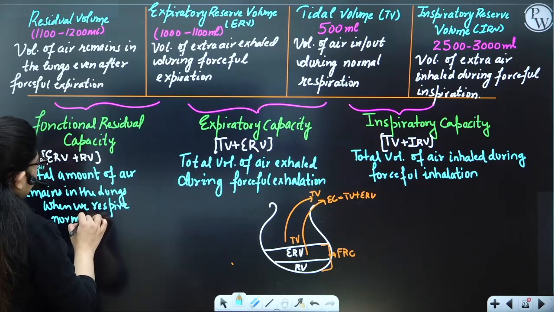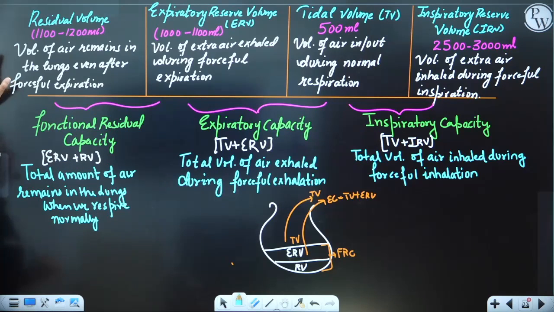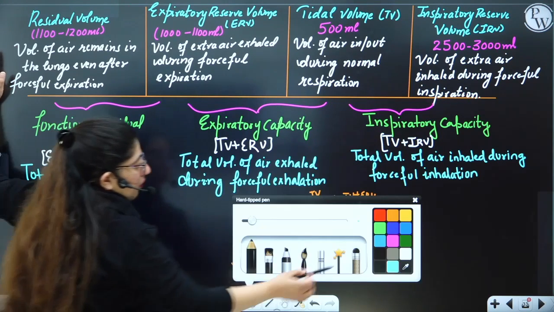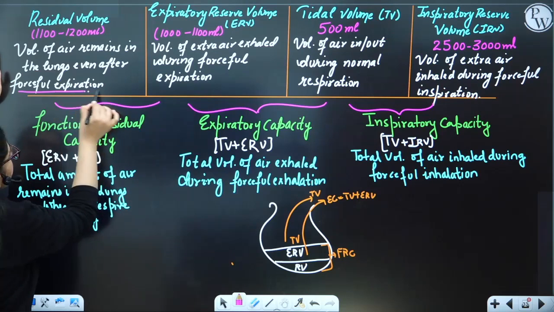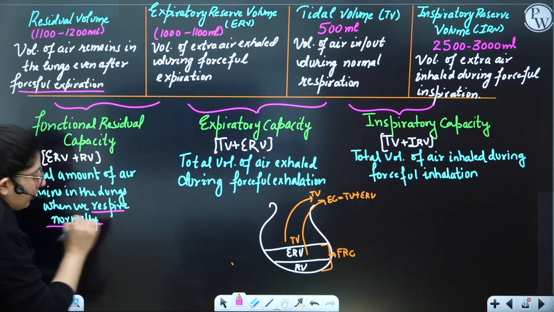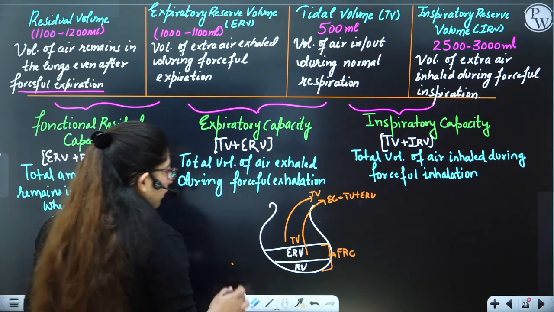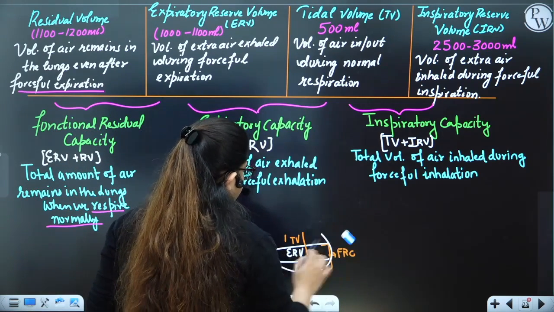You may get confused between functional residual capacity and residual volume. Residual volume is what remains in the lung when you are expiring forcefully, and functional residual capacity is the total present in the lung when you are respiring normally. You're not putting in any extra effort. Okay. Moving further to the other capacities.